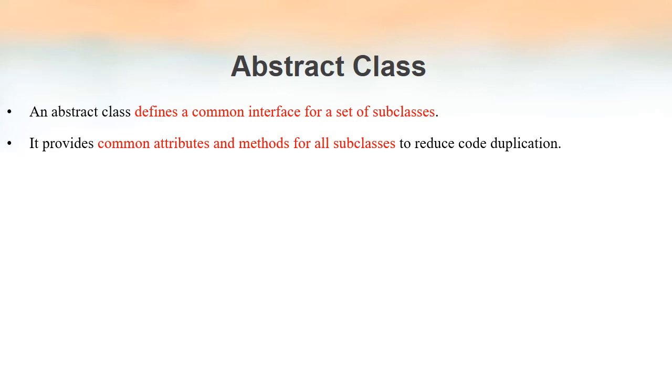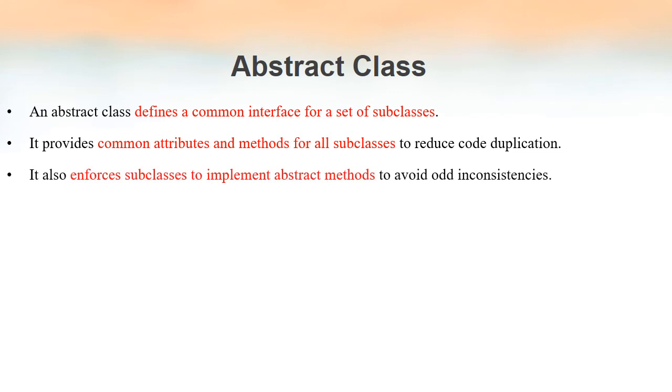In such a case, all the attributes and methods inside the abstract class will be there inside each of the subclasses, and each subclass can determine what it has to do in each of these methods. So it helps in reducing code duplication, and also it enforces the subclasses to implement abstract methods.